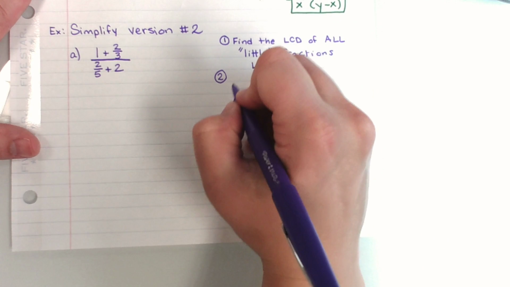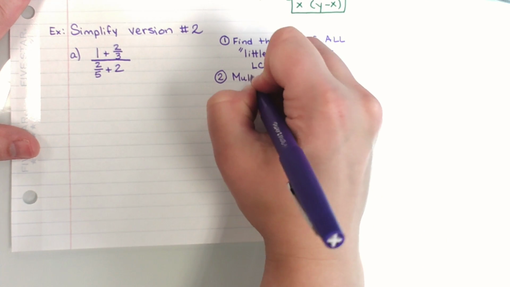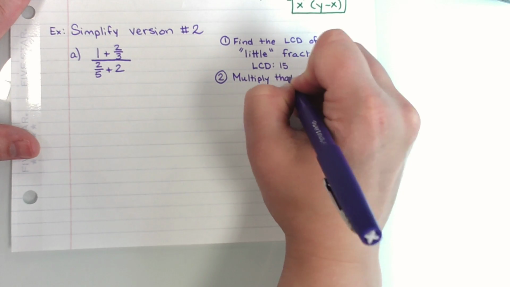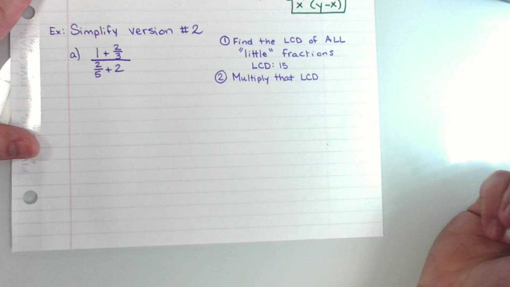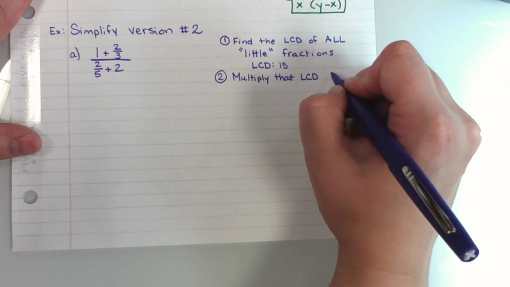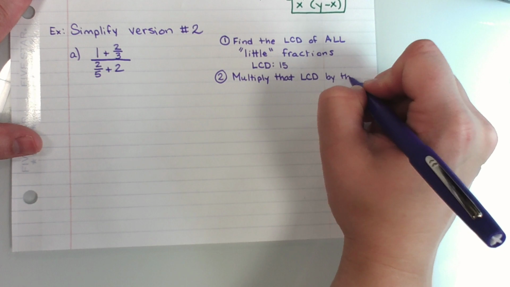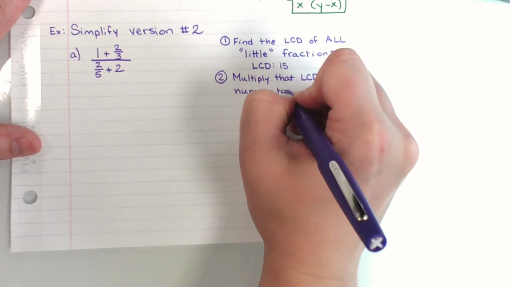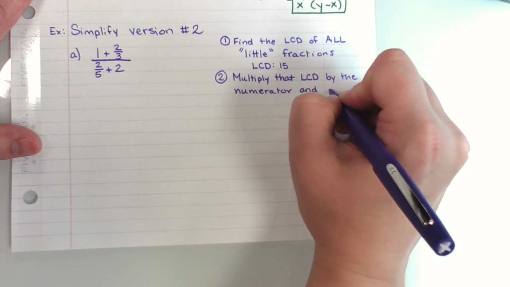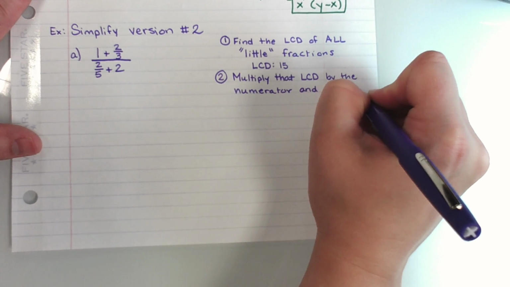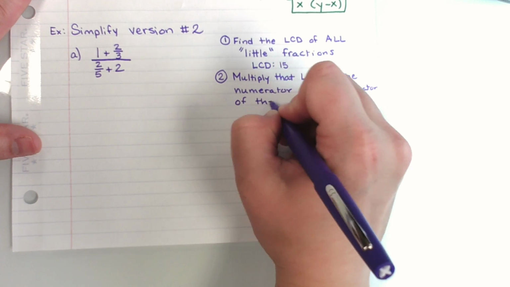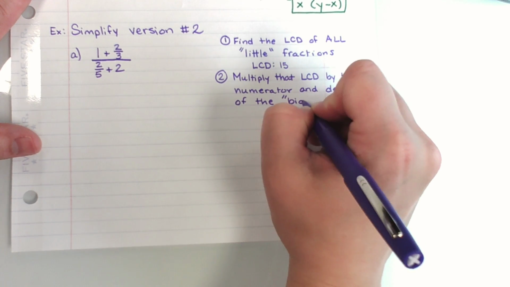Next thing you do is you multiply that least common denominator, that LCD, by the numerator and denominator of the big fraction.